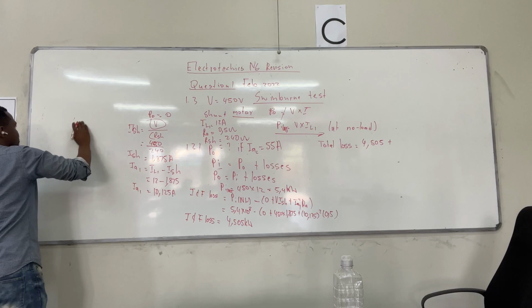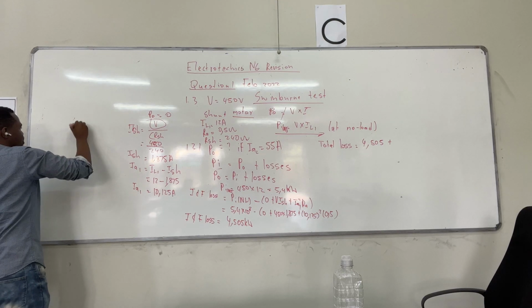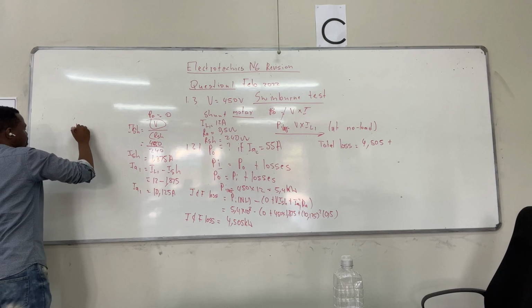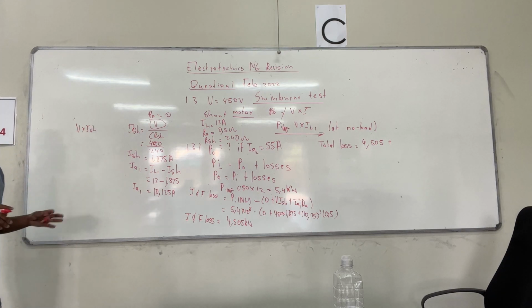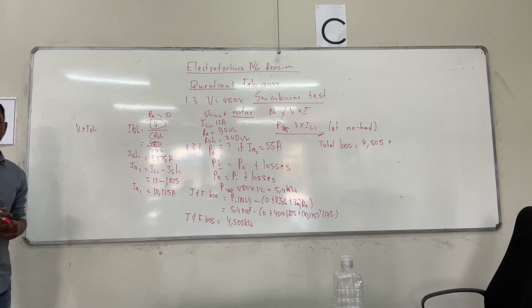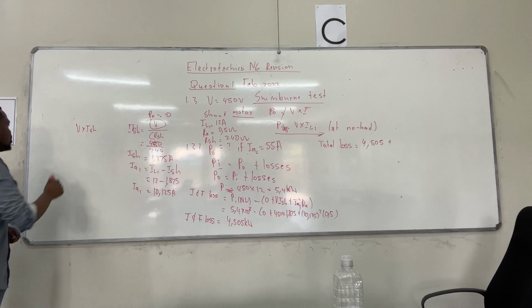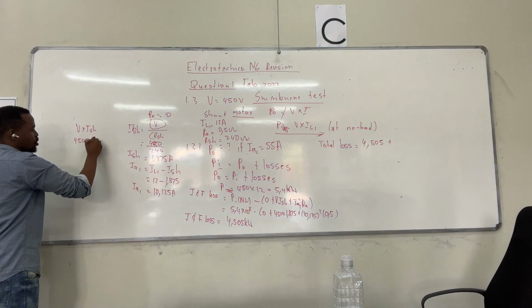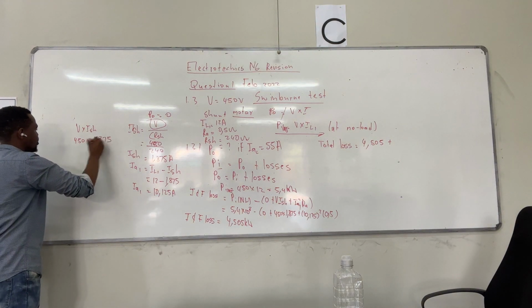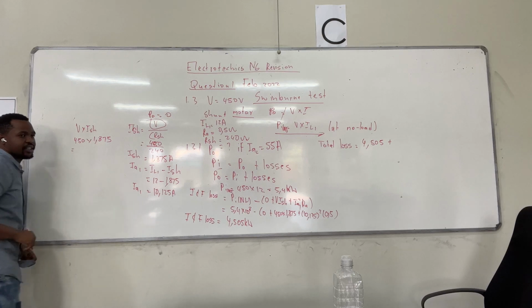Shunt copper loss is given by V times I shunt, or I shunt squared times R shunt. 450 times 1.875. What is the answer?